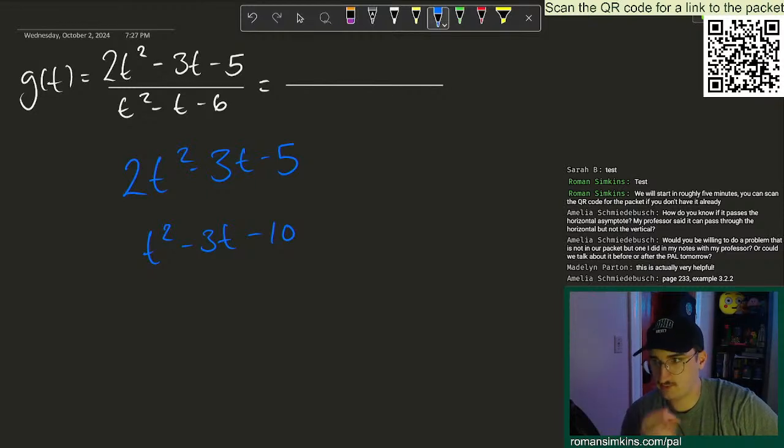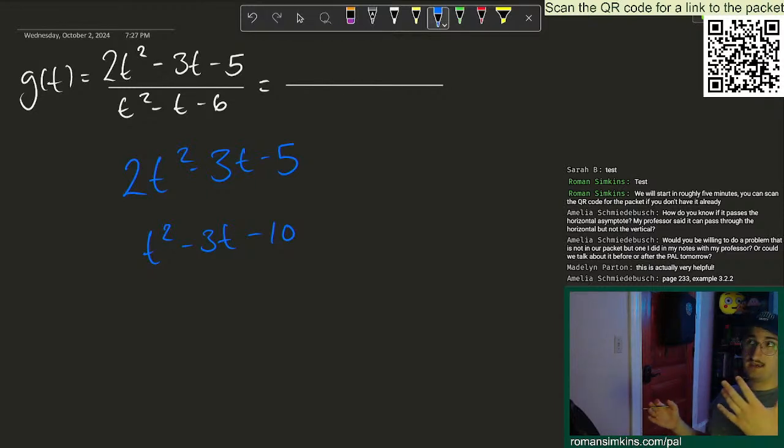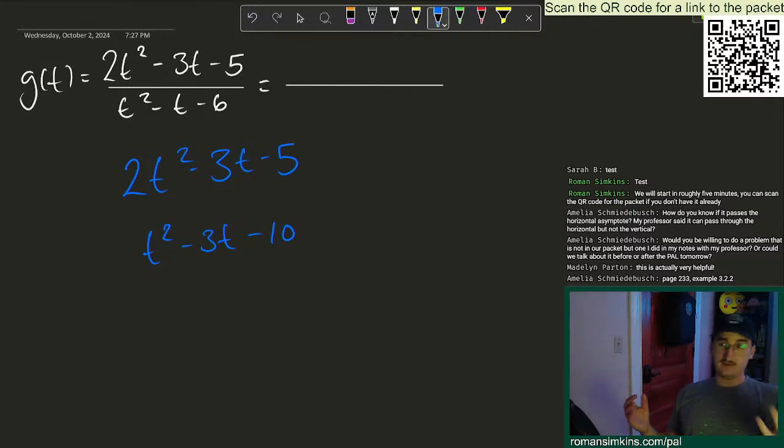So I typically would want to think, okay, well, what multiplies to get 10? Okay, well, 5 and 2 multiply to 10. How can I combine 5 and 2 to get -3? Well, if I had, say, -5 and +2, I could add that to get -3.